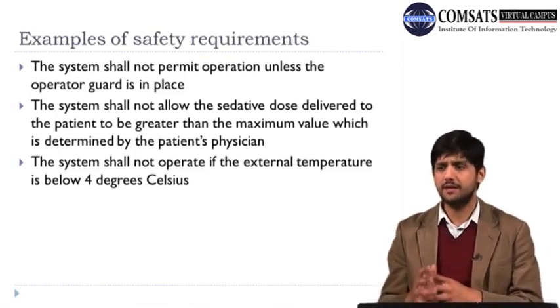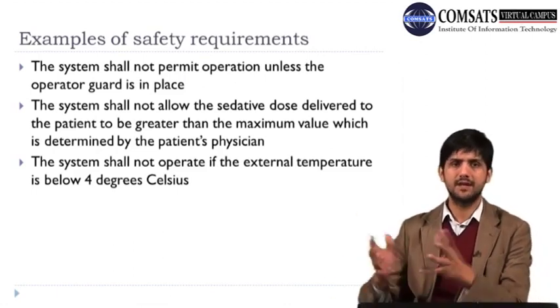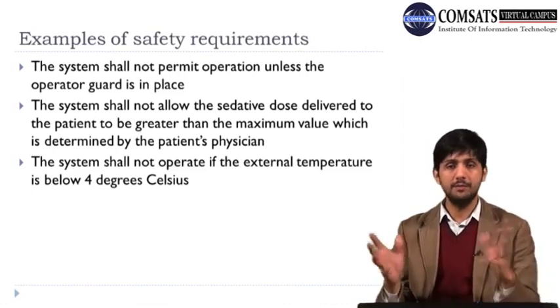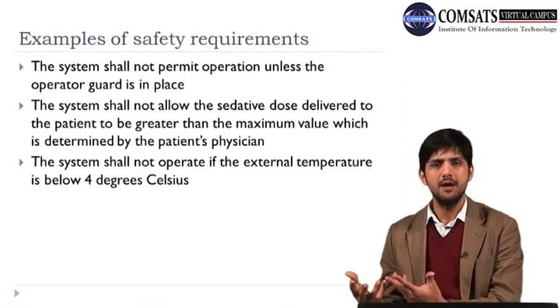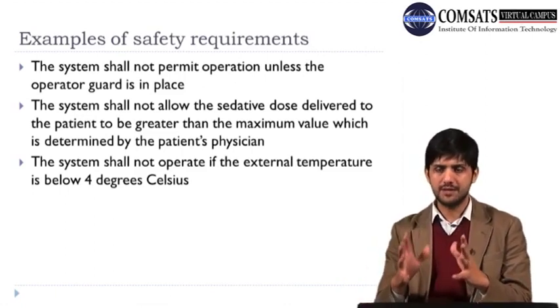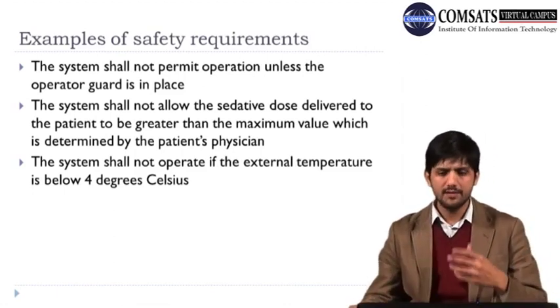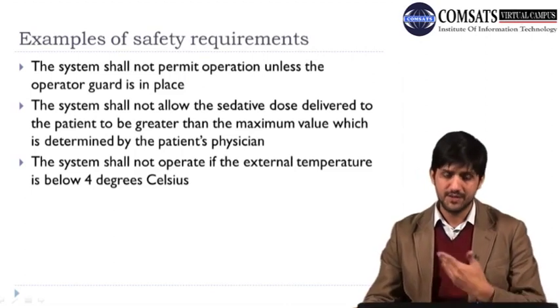We know that if the temperature falls below 4 degrees Celsius, it can cause some catastrophic damage, let's say. People already know about that, and when you are designing your system, you would be told that our system should not work if the temperature drops below 4 degrees centigrade. This is again in line with what we have just discussed.